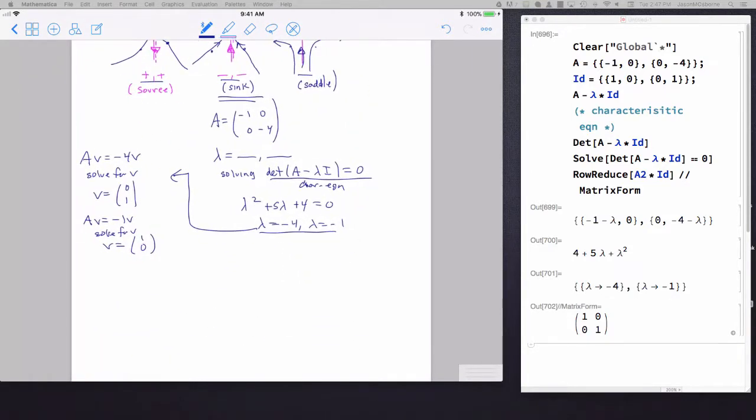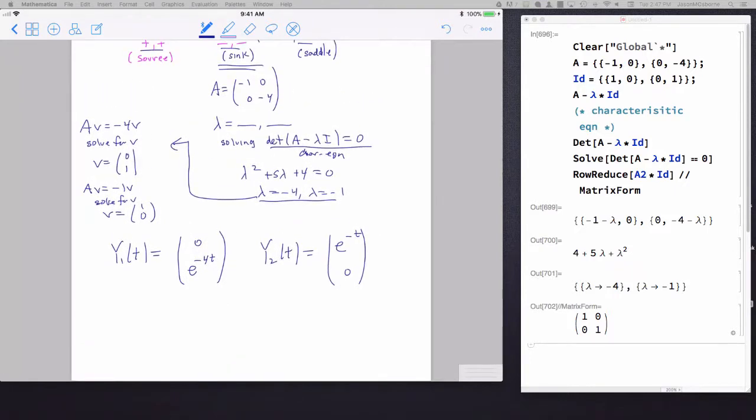Okay, so now you have two straight line solutions. y1 of t is going to be (0, e^(-4t)), and y2 of t is going to come out to be (e^(-t), 0). You can see that along these straight lines, picking an initial condition, notice that y1 of 0 is (0, 1).